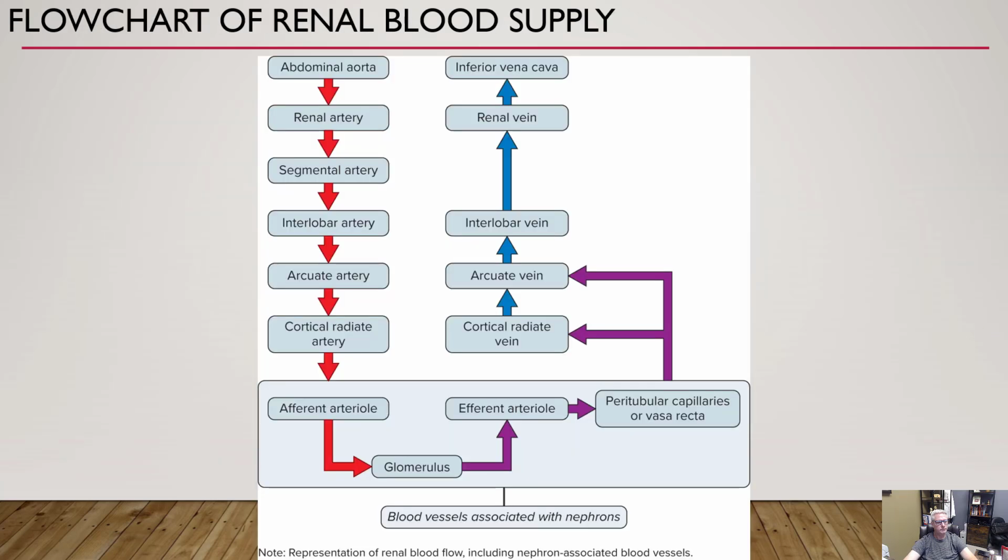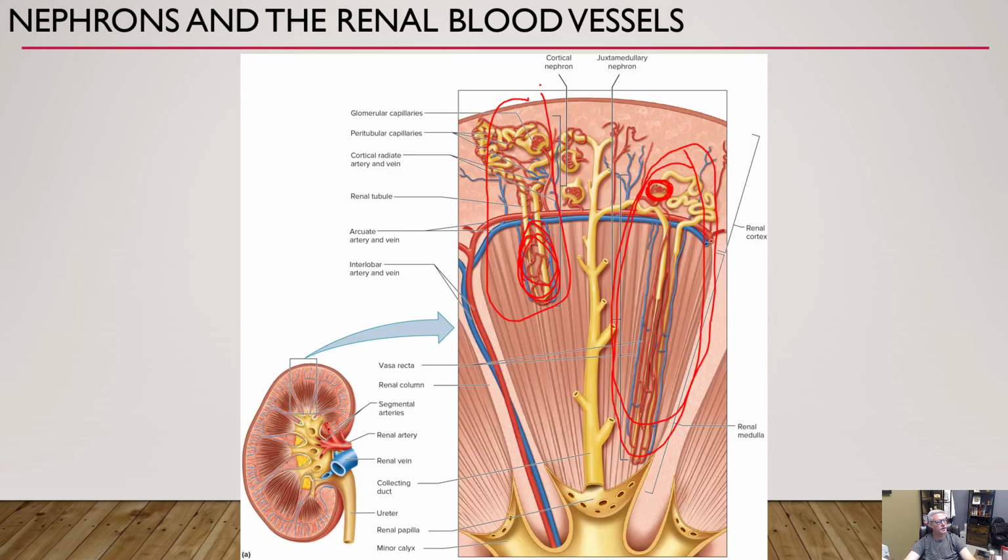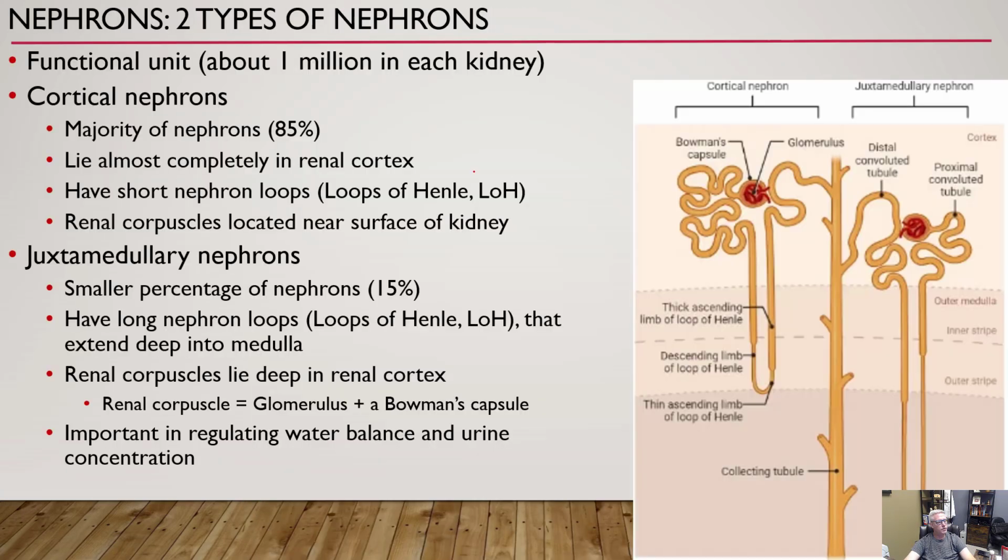completely. All right, and this is just a diagram of how the blood supply flows through the kidney, and you will need to know the correct sequence of this blood supply. Remember how I said that we have the short nephrons and the longer nephrons. The short nephrons are called cortical nephrons, and the long nephrons are called juxtamedullary nephrons.